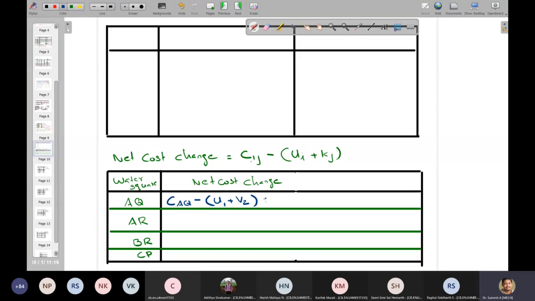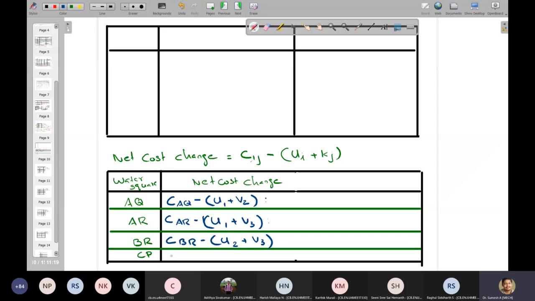AR will be C of AR minus (U1 plus V3), BR will be C of BR minus (U2 plus V3), and CP will be C of CP minus (U3 plus V1).